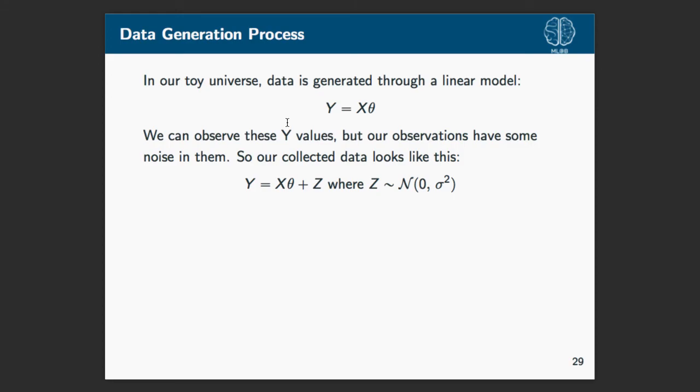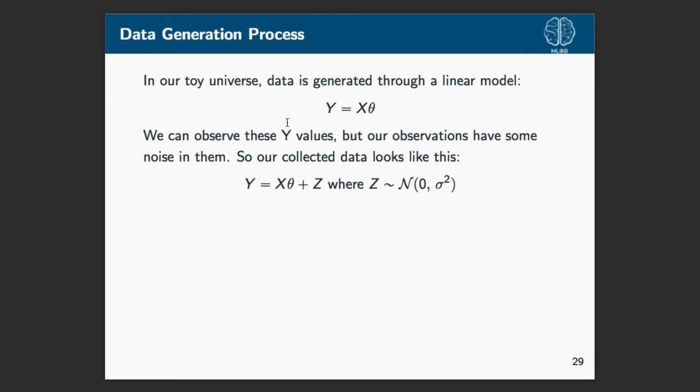So how do we represent this? We represent this by our linear model x theta plus z, where z is some normal distribution. What this means is that if we didn't have the z, this model would be the exact same. Everything is determined by this, right? When we add in the z, we're adding a little bit of noise. We're shifting the measurements ever so slightly in this direction with this normal distribution.